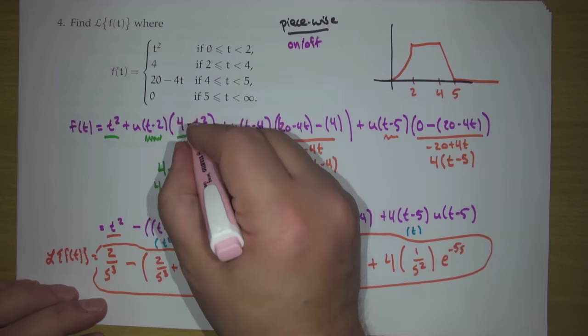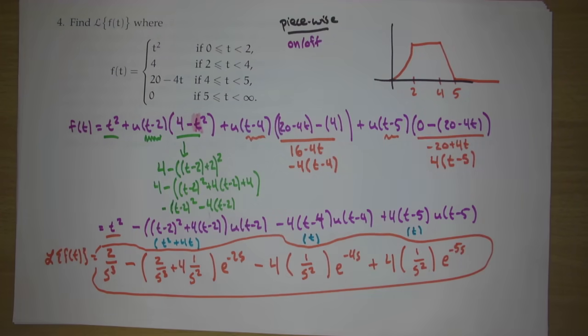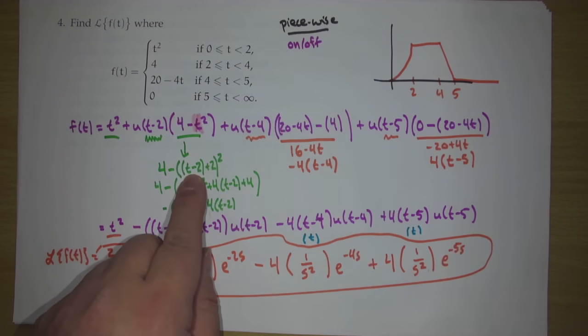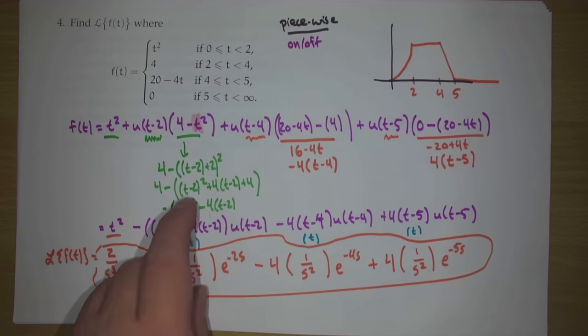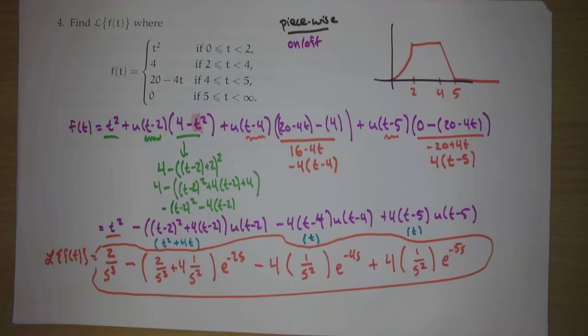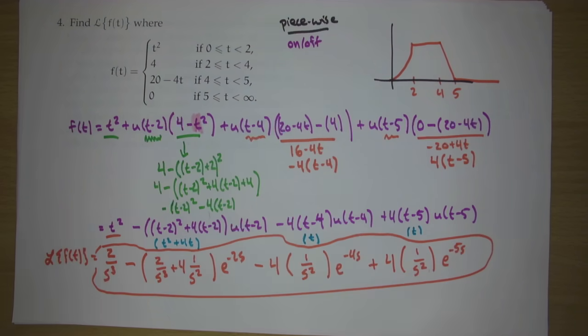Well, I said I have to rewrite, so what I'm going to focus on is everywhere where I see t, I want it to look like t minus 2. And so I say, well, I'll make my t look like t minus 2. But if I add a t minus 2, if I immediately add a 2 after, t minus 2 plus 2 is indeed t. But now I'm just going to always keep that t minus 2 as something, and then do the algebra that follows from that.